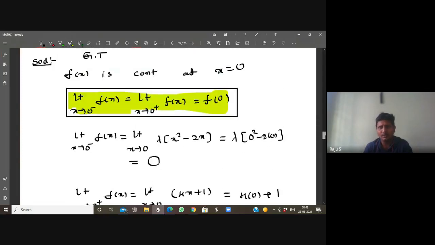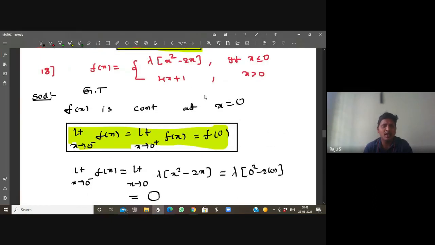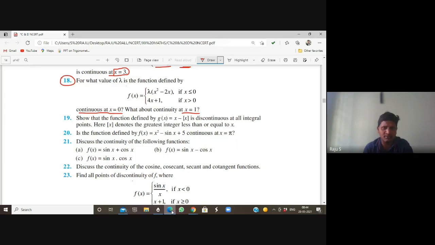See, according to the question, for what value of lambda the given function is continuous, they are asking. And whether it is continuous at x equal to 0, particularly they are asking here. They did not give that the function is continuous at x equal to 0. Students, once you observe that.